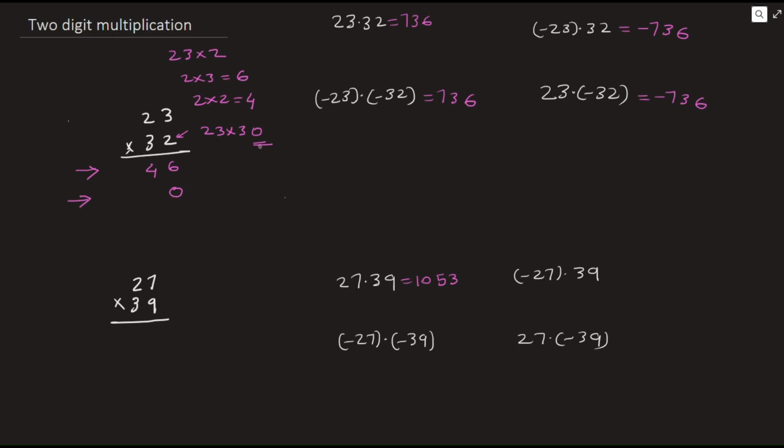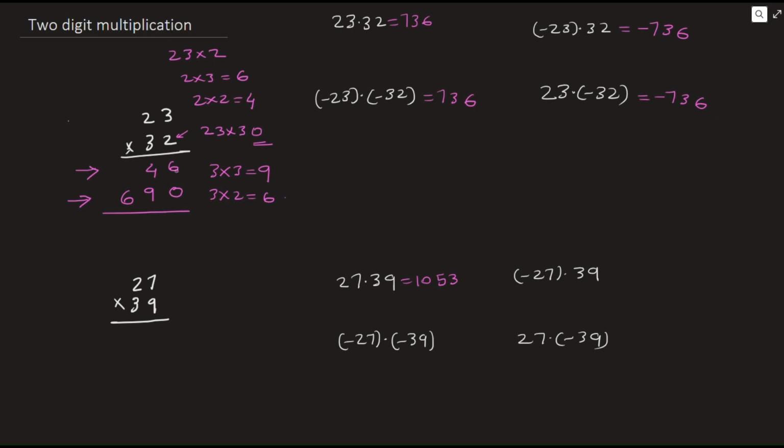So to account for this 30, I write a 0 as a placeholder below 6, below the units place. And then I multiply 3 with the digit in the units place in this number, which is 3 times 3 equals 9. So 9 comes here, and then 3 times 2 equals 6. So 6 is over here. So this is the second partial product, and to get the final answer, I add these two.